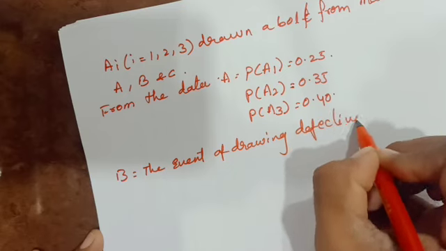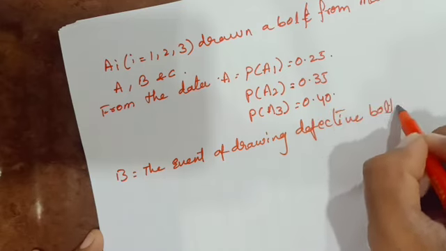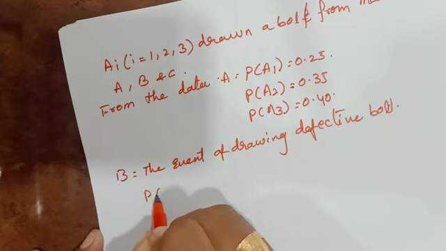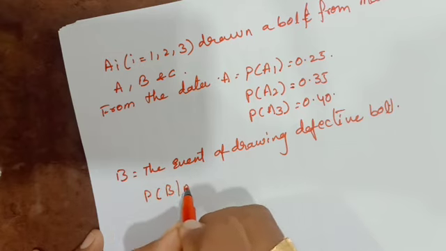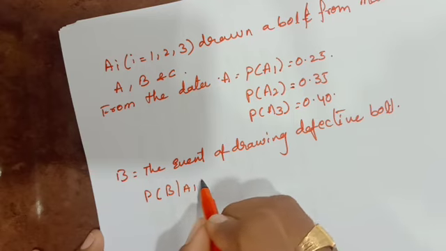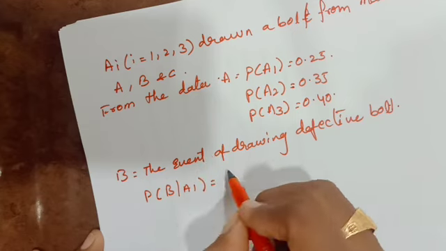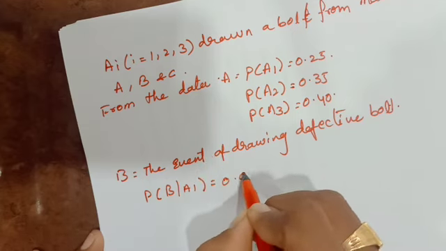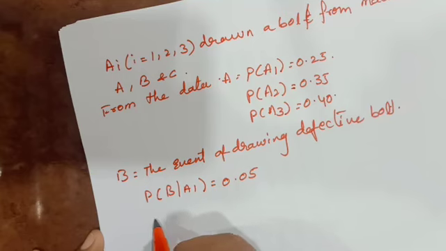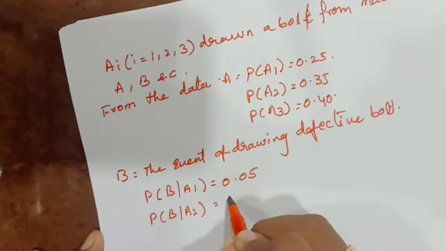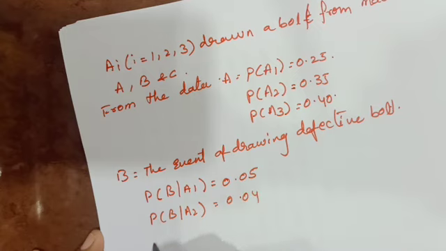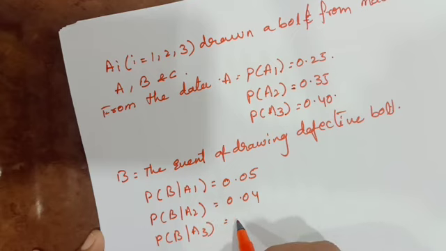So P(B|A1) is 5%, that is 0.05, P(B|A2) is 0.04, and P(B|A3) is 0.02.